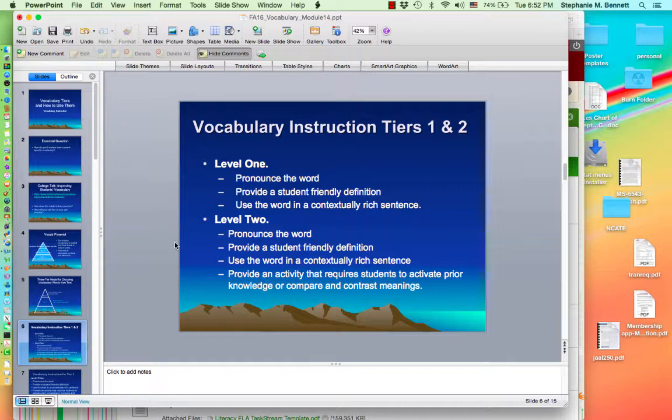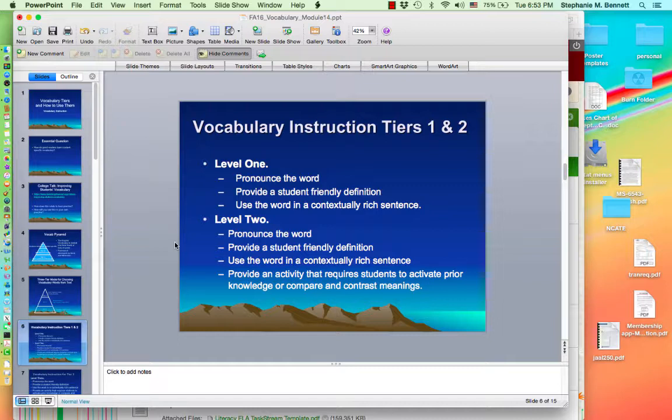Teaching in this context-rich approach is really the way to go, because research shows that if students have a contextually rich experience with vocabulary, or a context that they can refer back to, then they really have absorbed the word and made it their own. They've latched on to it because they have something to refer back to, as opposed to just a vocabulary list of memorization and then testing on Fridays.